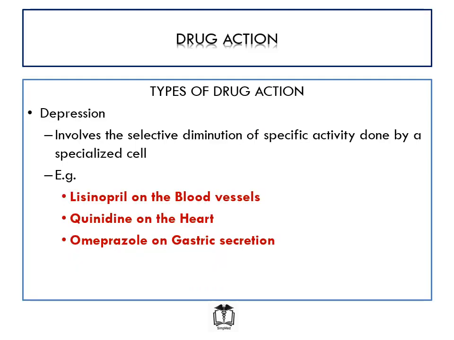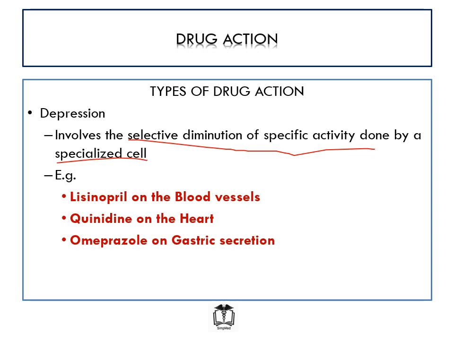The second type of drug action is depression. Depression is distinct to stimulation in the sense that drugs categorized under depression are drugs that selectively reduce specialized or specific activities, and they do this on specialized tissue. So the keyword again is selective reduction and also specialized tissue.